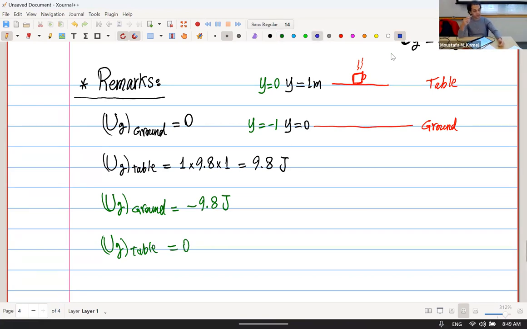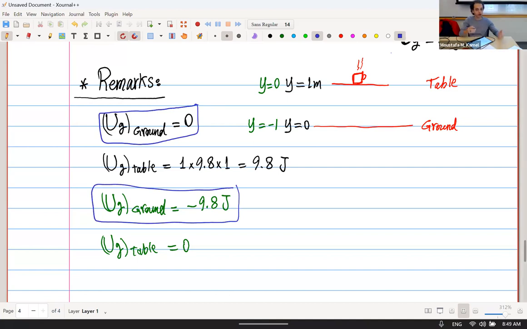So by choosing the coordinate system differently, I managed to get 2 different values for a quantity that is supposed to represent a physical quantity. So this doesn't make sense because physical quantities are in nature. They shouldn't depend on which coordinate system I choose. They are independent of my choice.